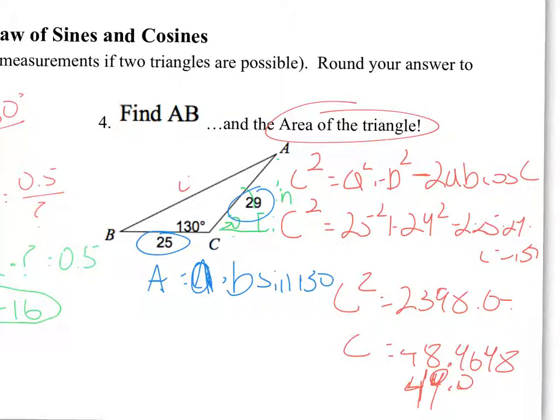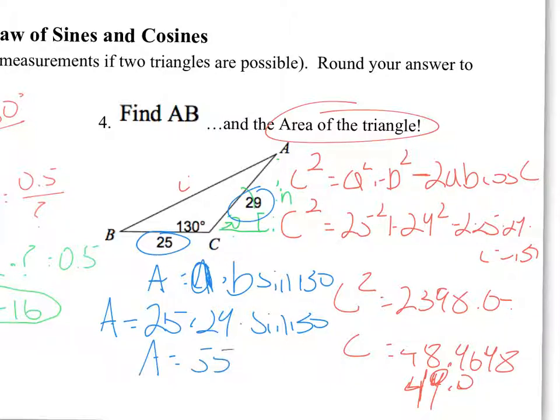The trick is that sine of 130 and sine of 50 end up being the same exact value. So the area is going to be 25 times 29 times sine of 130. And we get the area is 555.3822.